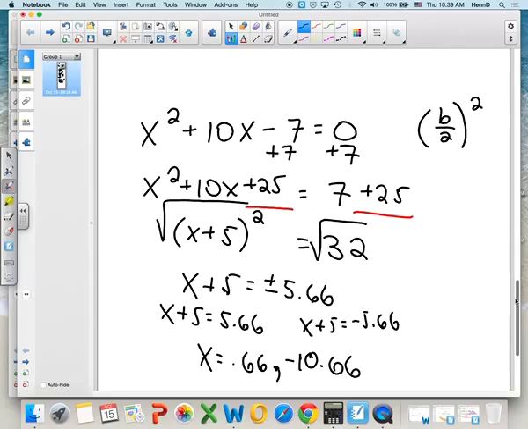So it really isn't that bad once you start doing them, because they all work the same way no matter what these other numbers are. It's always the same steps.